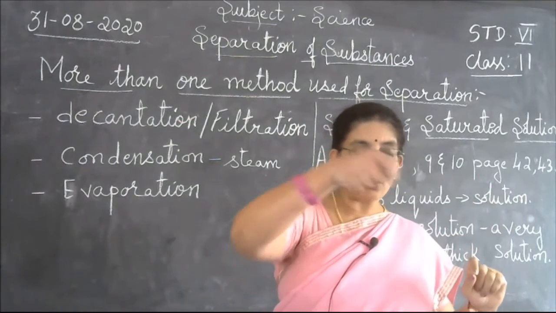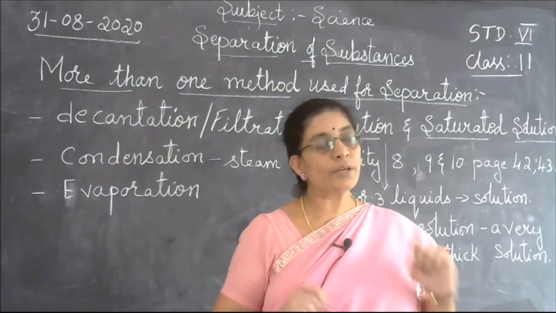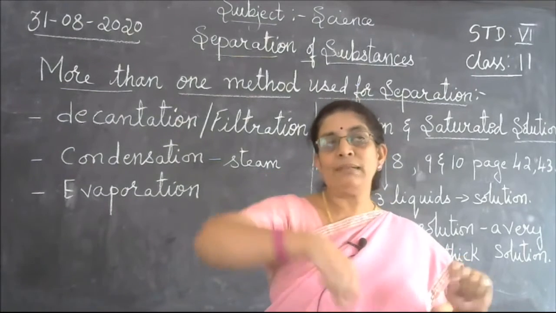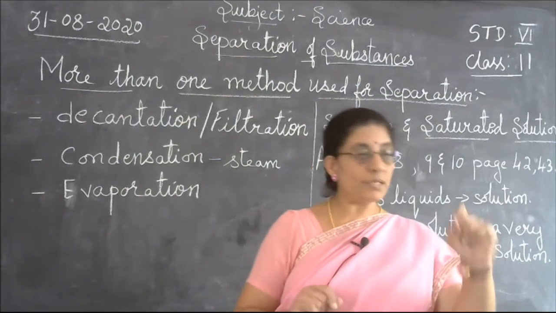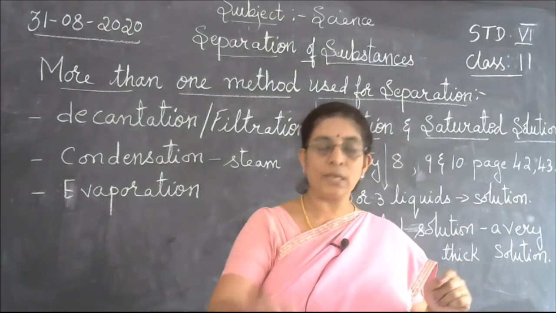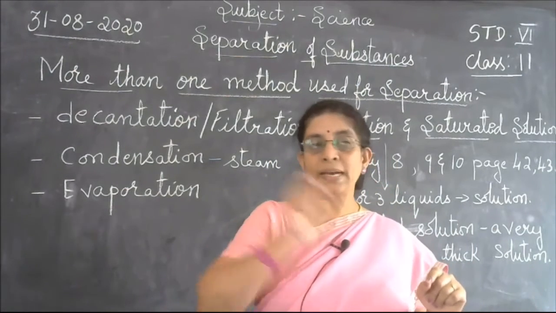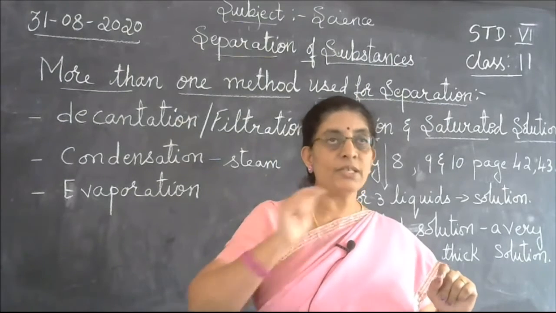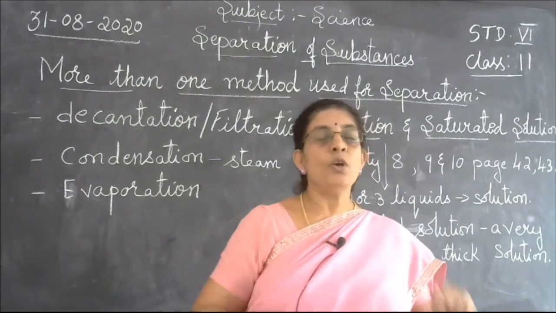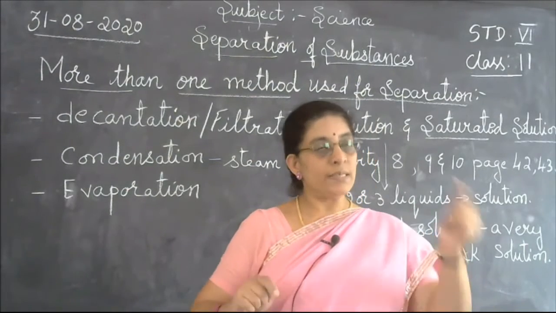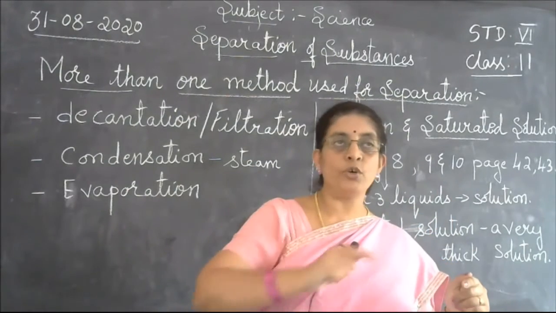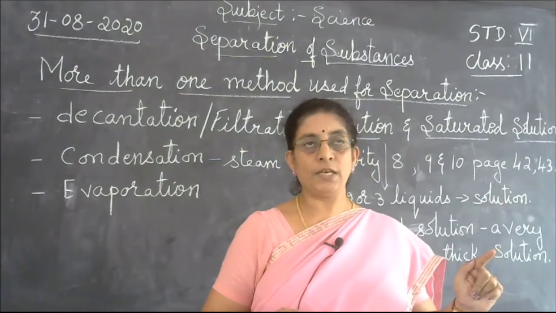Add first only 1 spoon of salt or sugar. Stir it well till all of it gets completely dissolved. Once you know it is completely dissolved, add another spoon. Don't add everything together. Stir it. Wait till it dissolves completely. Add the 3rd spoon. Same procedure. Add the 4th spoon. Do the same stirring work.